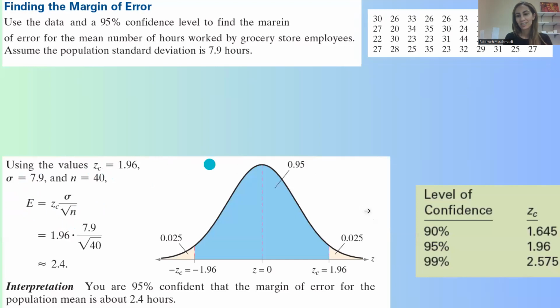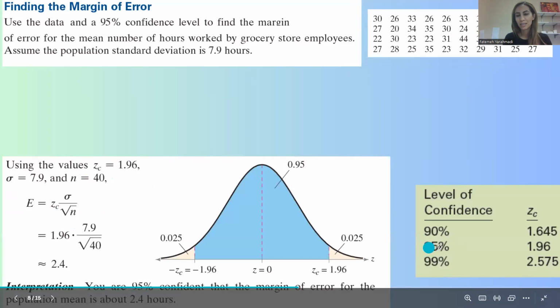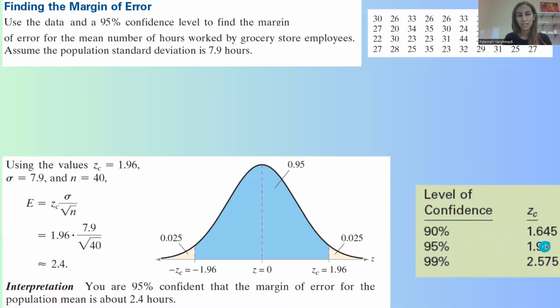Since critical value related to 95% level of confidence is 1.96, we have it just right here. ZC is 1.96. Sigma, or the population standard deviation, is 7.9. The sample size that you can just see right here is 40.